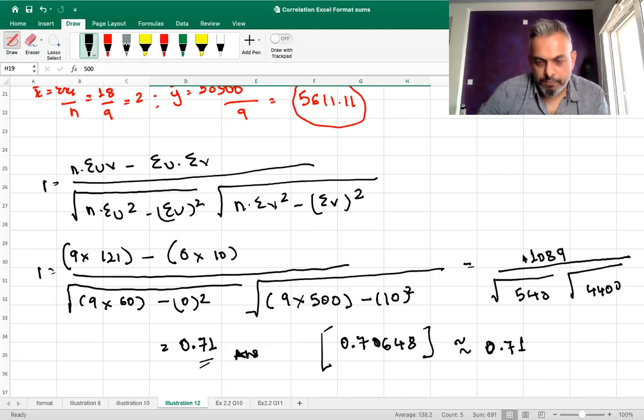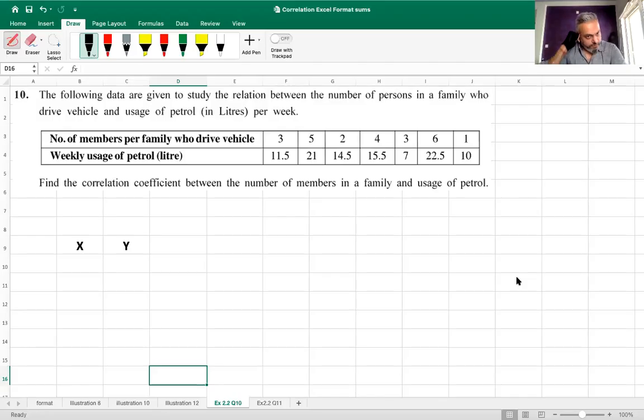Now, question number 10, page number 84, exercise 2.2.